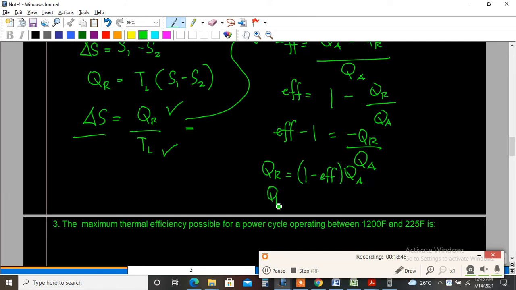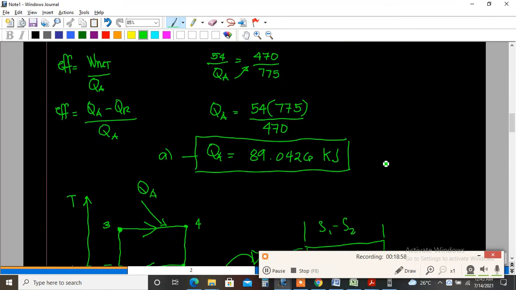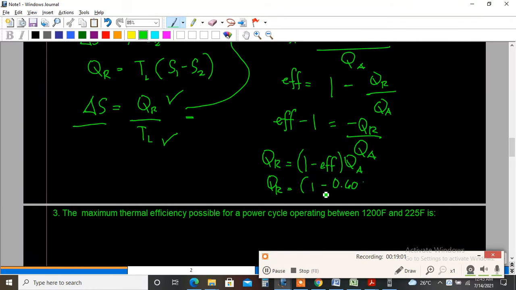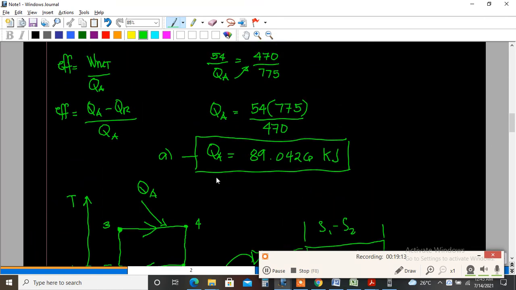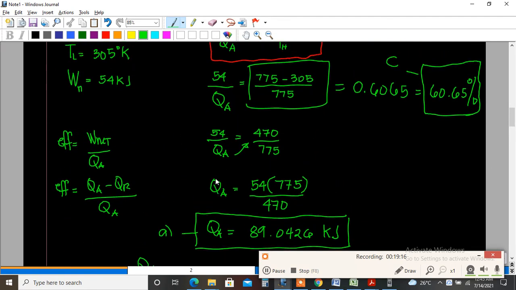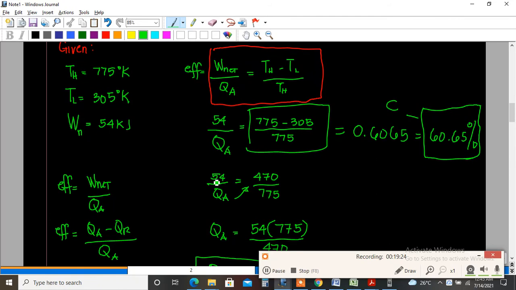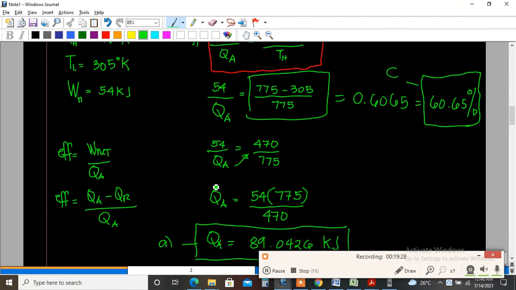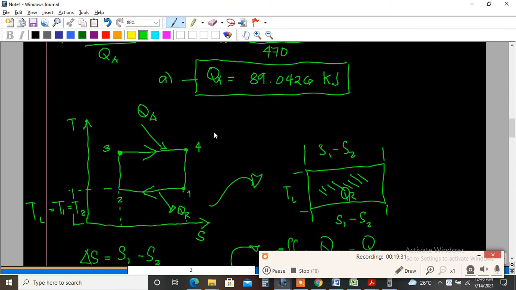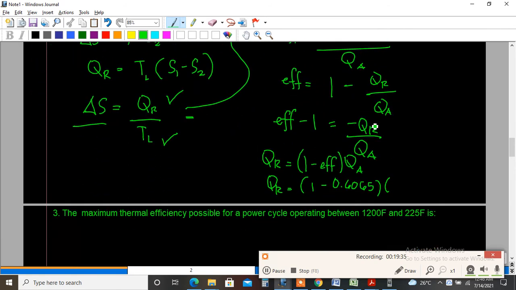So QR will be equal to 1 minus 0.6065 times QA. QA is equal to 89.0426.